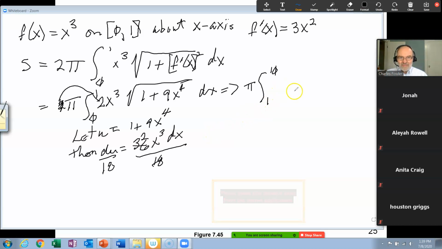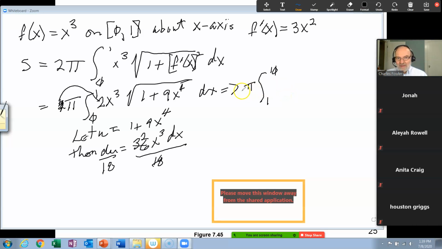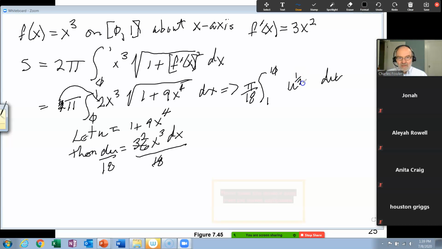Oh, I forgot, I didn't put my 1 over 18 out here. Now we have 2x cubed dx. That's your du. And you have u to the 1/2 power. And that's not too hard to do, is it? Pi over 18.